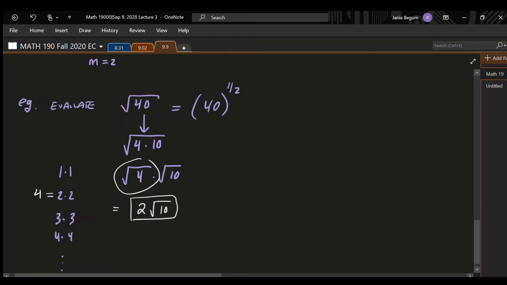So really, you're asking yourself, is there a perfect square hidden, or is the number itself a perfect square? Now if you look in the textbook, they probably have a list of perfect squares, so you should know up to 15. I think up to 15 is a good number, even 16 too. But it's really up to you how much you want to know. You could go up to 20 if you want to. But after 15, you should have them memorized.